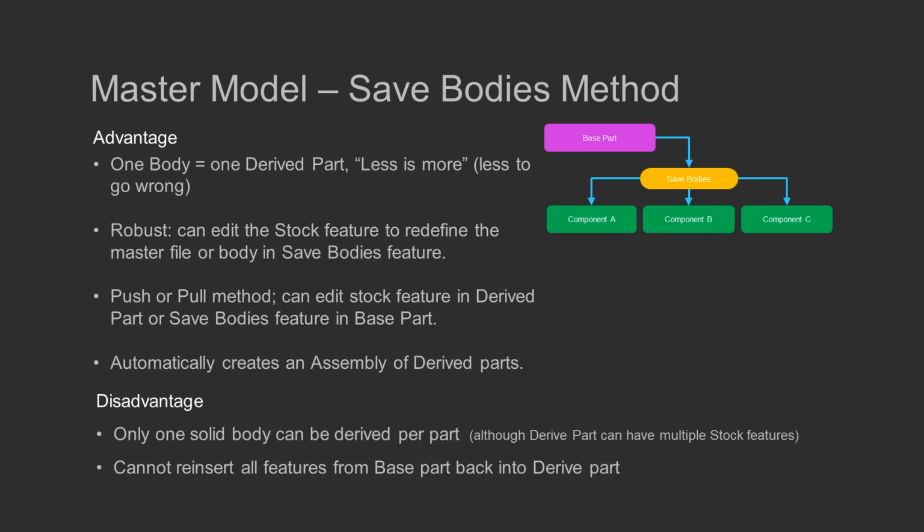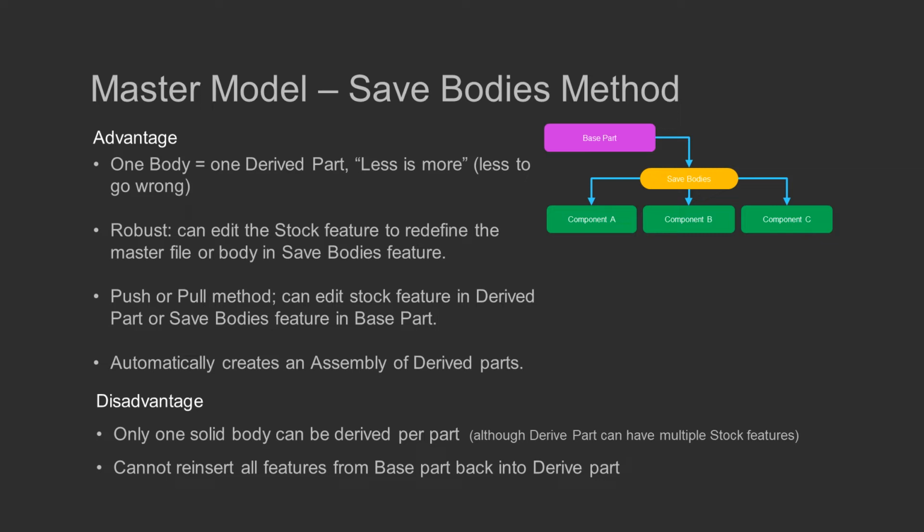It's, again, as I mentioned before, the less is more. It's less to go wrong, actually, and that's what makes it very reliable. In addition to that, an advantage is that you can edit the actual stock feature to bring up the master model and then reassign the body to another body in the master model.